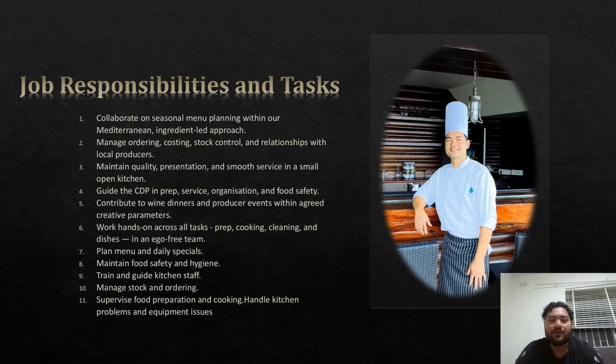Collaborate on seasonal menu, like the chef needs to prepare a menu according to the season and manage ordering and costing, maintain quality of food, work along with junior staff like CDP and commis, and train them, plan menu and daily specials, maintain food safety and hygiene, train and guide the staff, manage stock and ordering, and supervise food preparation. After all, the chef is the head of the kitchen, so he has plenty of responsibilities and jobs.